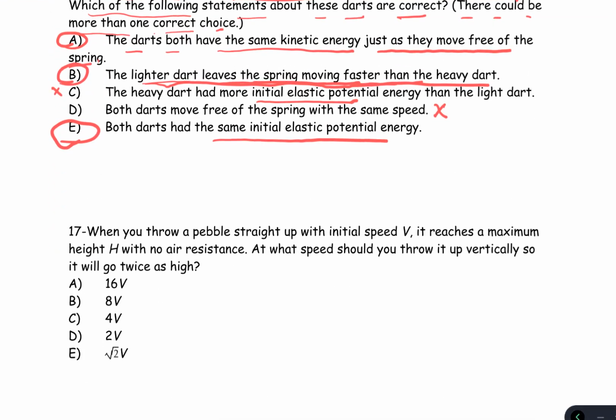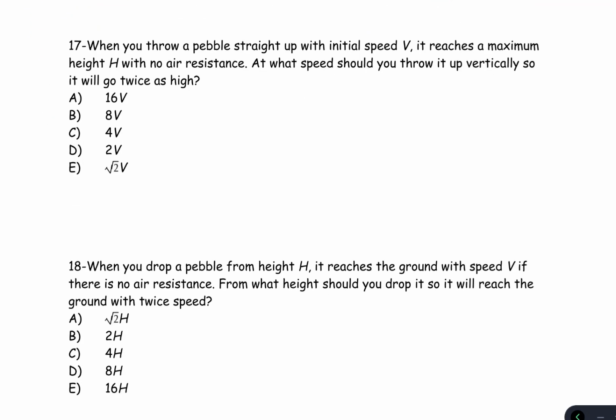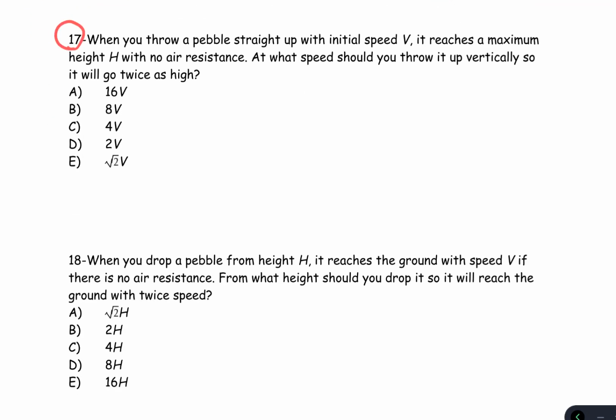Here the right answers are A, B, and E. Let's move to number 17. When you throw a pebble straight up with initial speed V, it reaches a maximum height H with no air resistance. So this is V initial, and V final equals 0 at the maximum height.